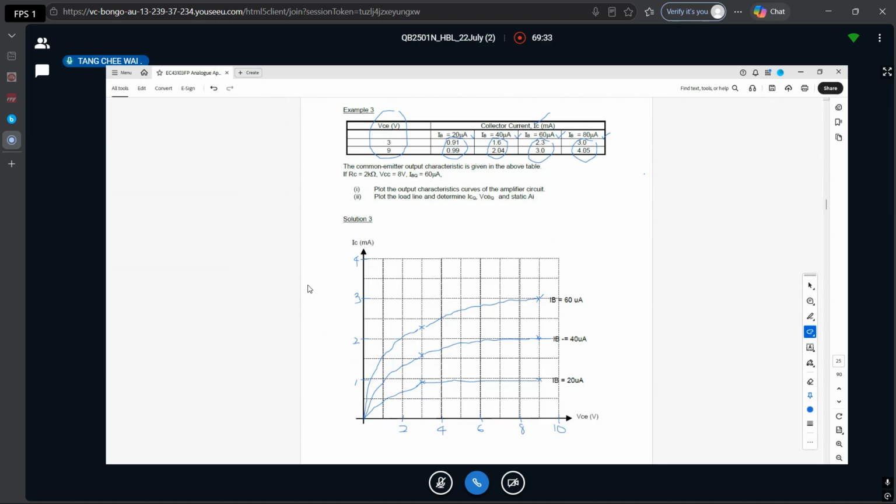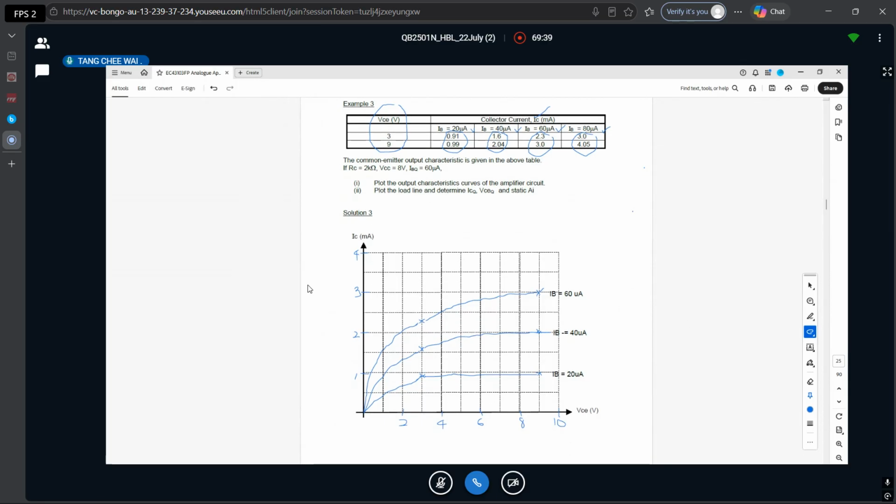First, I think all of you have probably drawn a graph before. The graph is about IC, collector current in milliamperes, and of course VCE, collector-emitter voltage. IC at the y-axis, VCE at the x-axis.